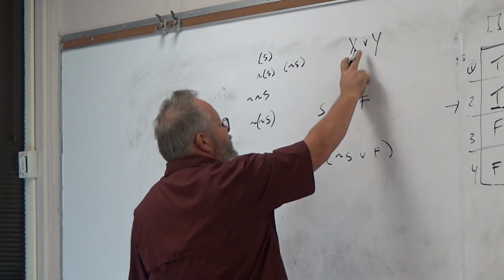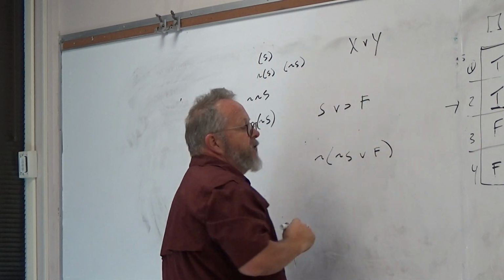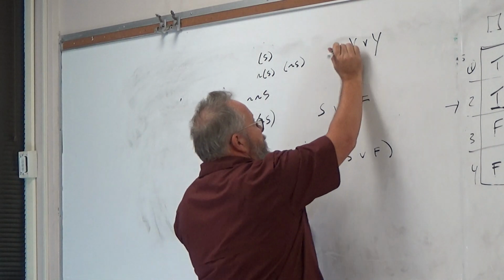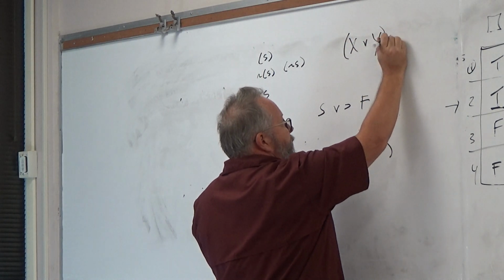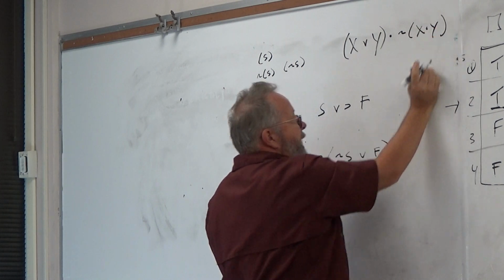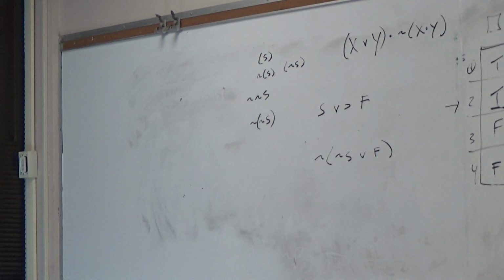So this is an inclusive OR, which would say X is the father or Y is the father, or they're both the father, but we know that that cannot be, right? So what we have to do is say it's either X or it's Y, but it's not X and Y. Now that tells us it's one or the other and not both at the same time.